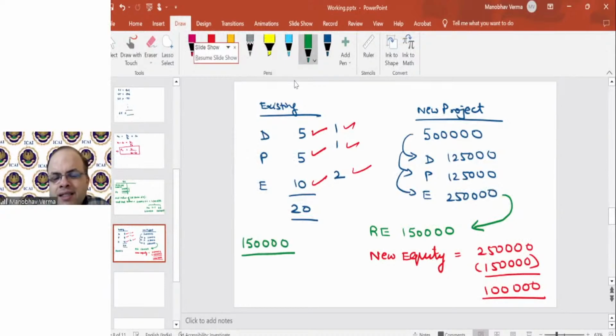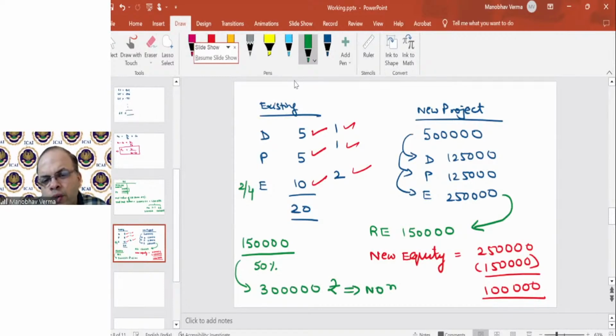If I divide this by 50%, equity is 50%, everyone get it, 2/4. That means if the new project is only 3 lakh rupees, then there is no need of new equity, no need of new issue. But in this case, the new project was 5 lakhs and hence we needed to raise new equity. Guys, everyone with me?